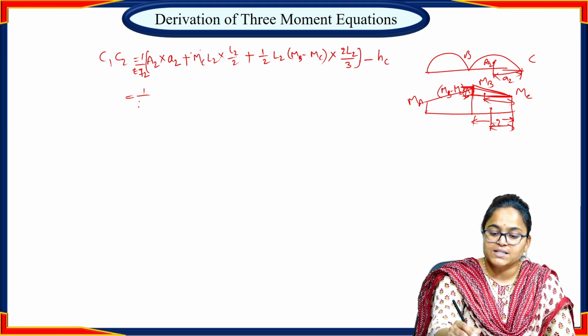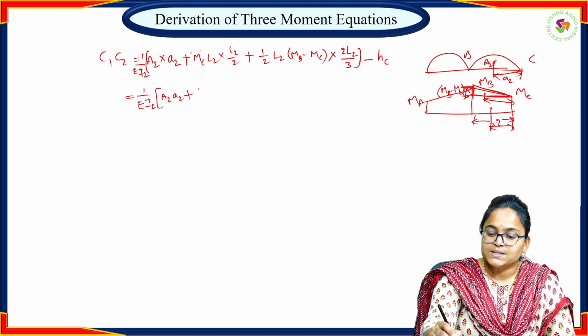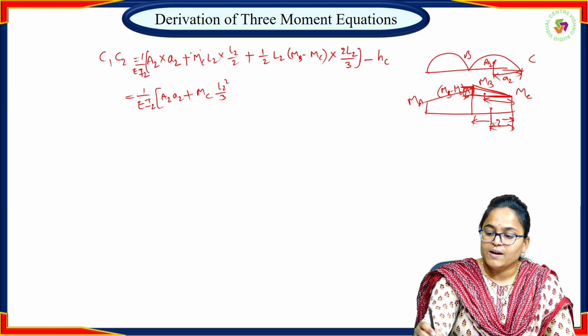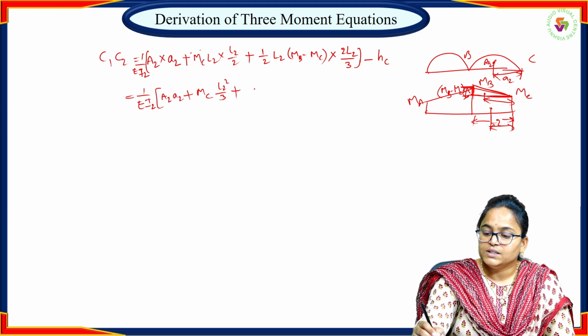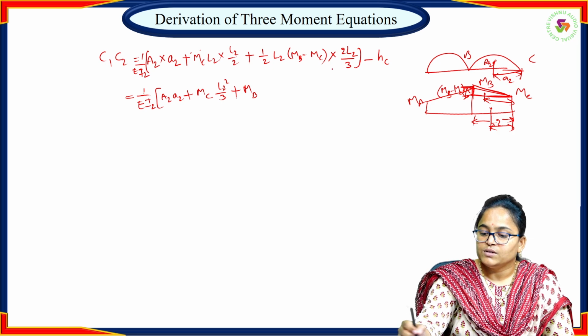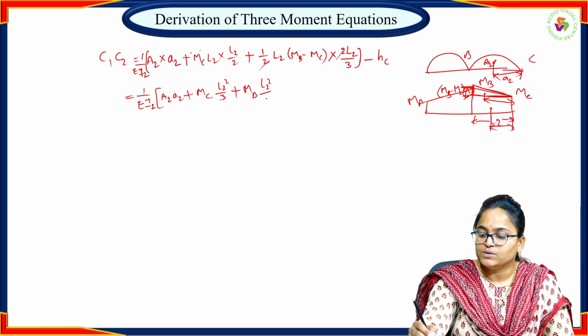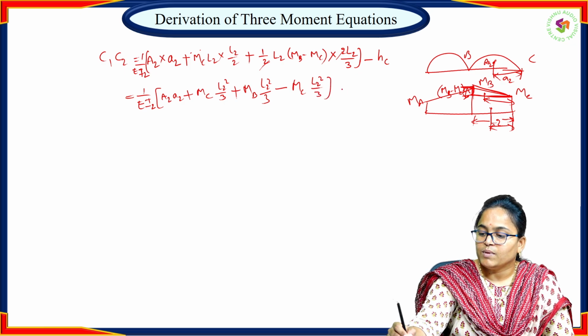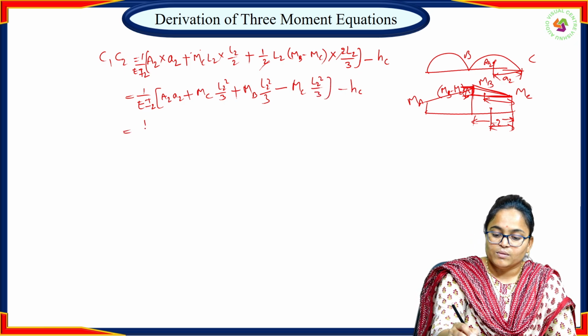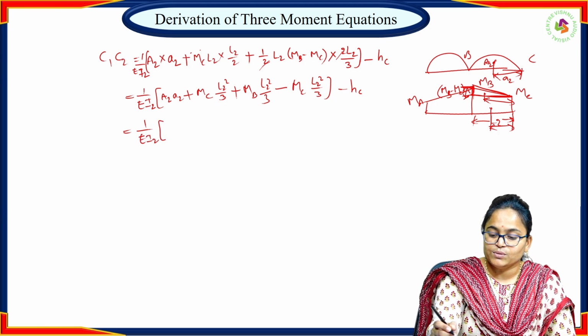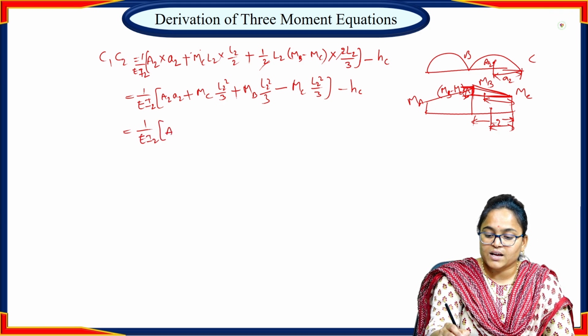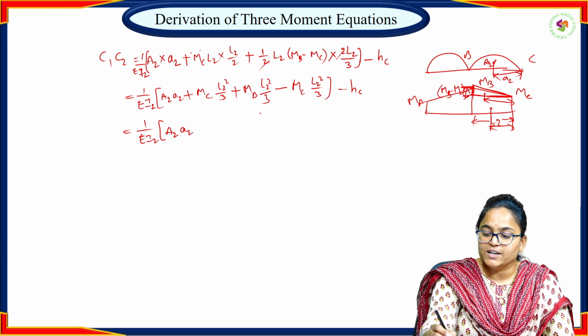Now this can be written as 1 by EI2 into A2 plus MC L2 square by 3 plus MB, so 2 will get cancelled. So MB L2 square by 3 minus this one MC L2 square by 3 minus HC. Now 1 by EI2 into, so we can write this as A2 into small a2.